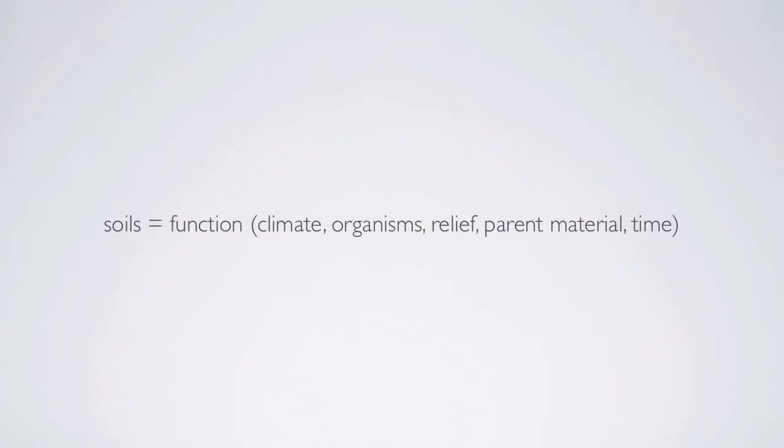What that means is that soils, the structure and function of soils, are really dependent on 5 different state factors. The first is climate, the climate at a site. The second are the organisms that you see there, the relief, the parent material, and how long that soil has been developing.